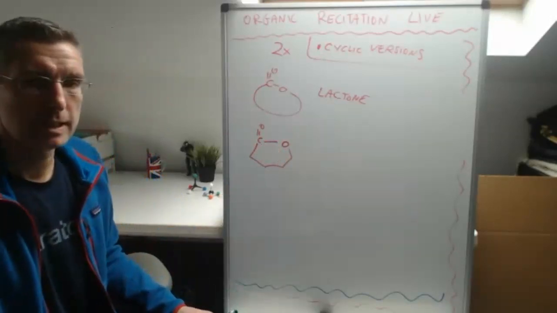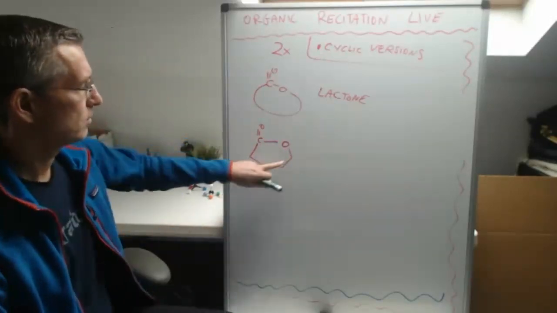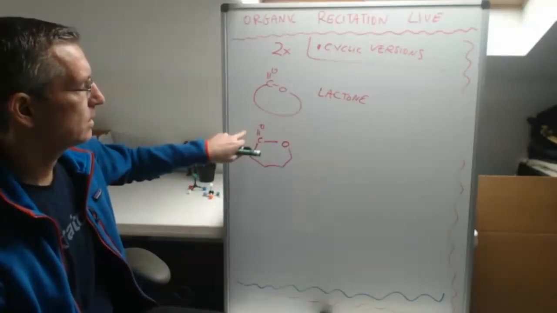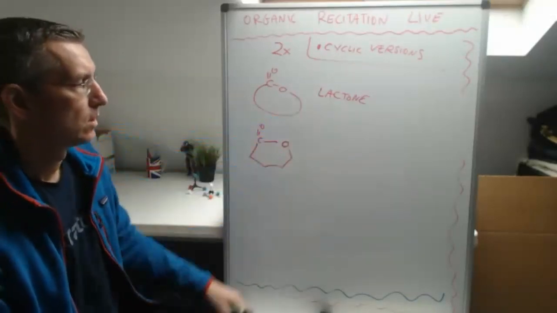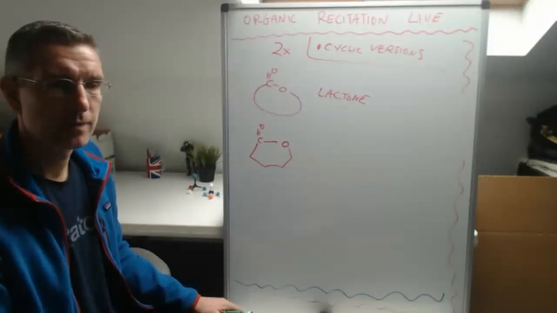So this would be an example of a ring system. The ester linkage is an integral part of that ring system, so we're going to name that as a lactone.